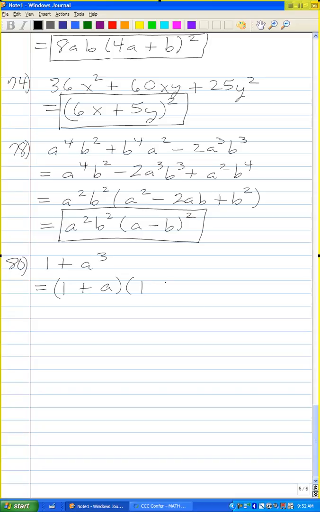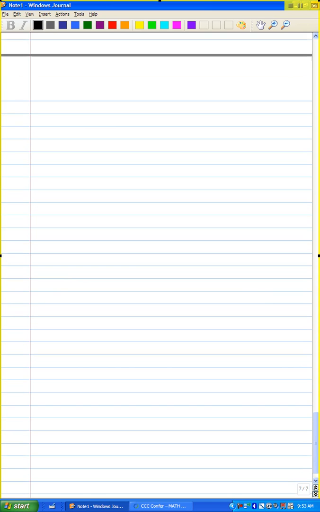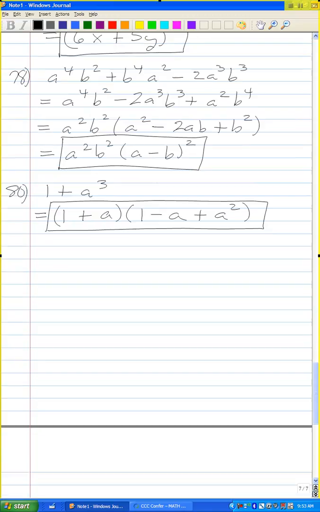Change the sign from plus to minus. 1 times a. A squared is, well, a squared. And you are done. It turns out that 1 minus a plus a squared is irreducible over the reals. Let's say that this is irreducible over the integers. And so I'm done factoring that particular one.